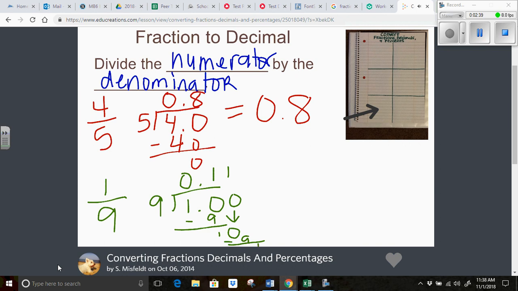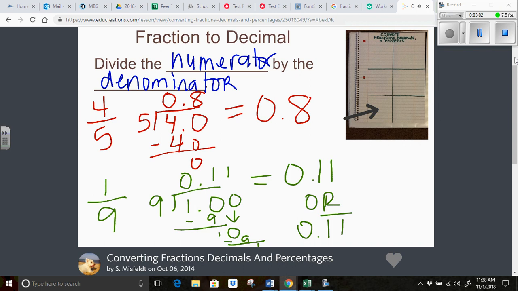So what it looks like is going to happen is that I'm going to keep getting 1 and 1 and 1, because 9 times 1 is 9, and when I subtract it from 10, I'm getting 1 every single time. So you could do one of two things for this particular problem. You can either write 0.11, or you could write 0.11 with the repeating bar, because it's going to keep going on and on and on.